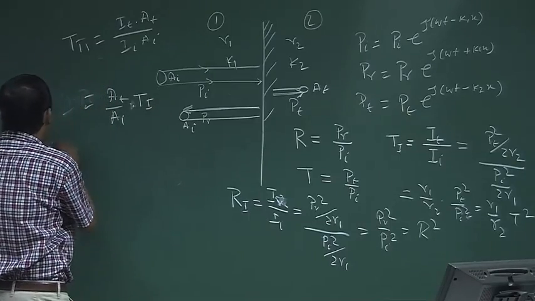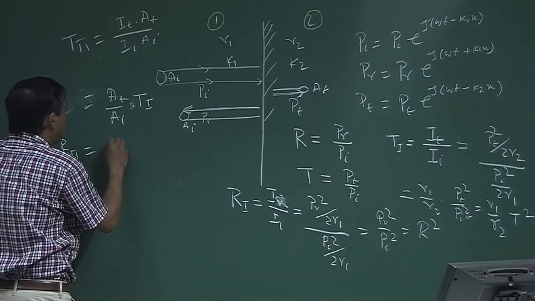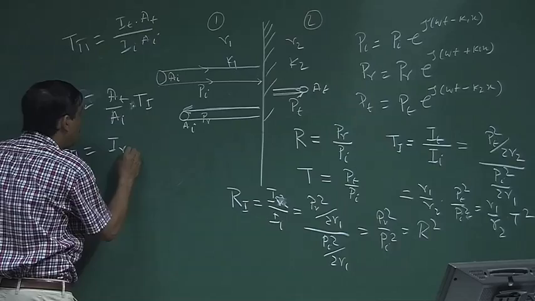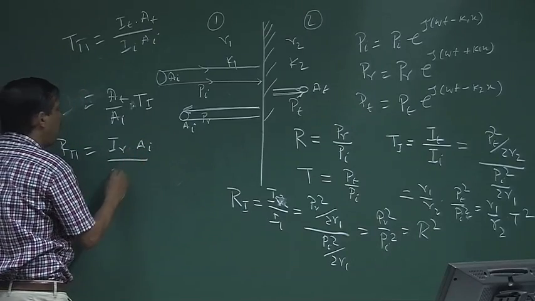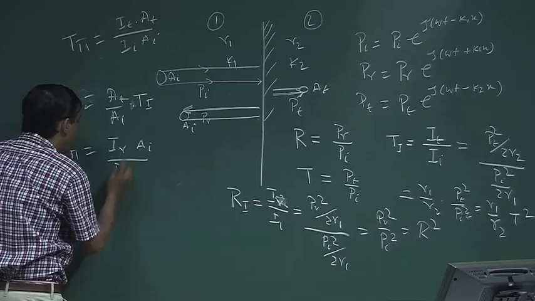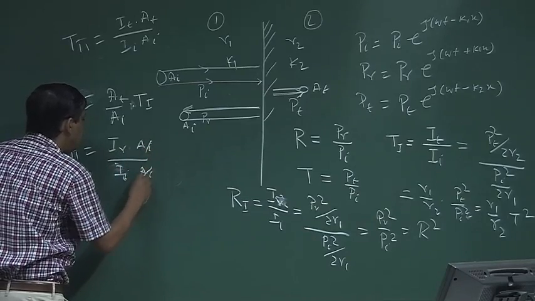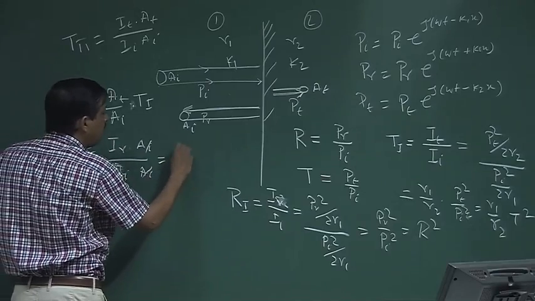Similarly, what is the reflected power coefficient? It is the reflected power IR into Ai divided by the incident power II into Ai. So Ai cancels, and it is IR by II, which is R square.